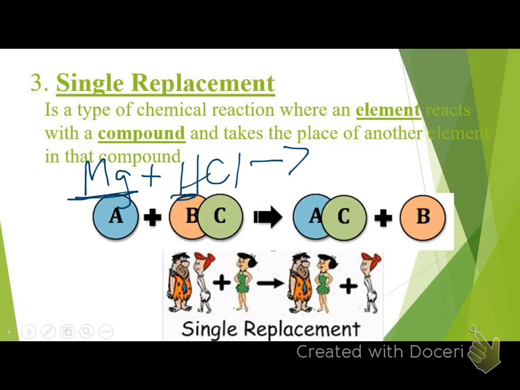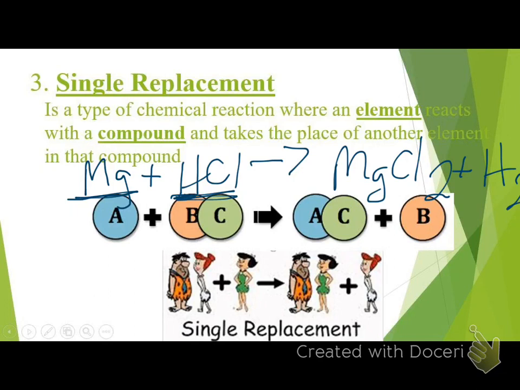So when this reaction happens, which one will magnesium try to boot out? Hydrogen or chlorine? Hydrogen, because that's the other metal in there, right? So when I go over here to predict my products, where I'm not really predicting at all, I know what it is from all these rules, it should be magnesium chloride, leaving hydrogen on its own.